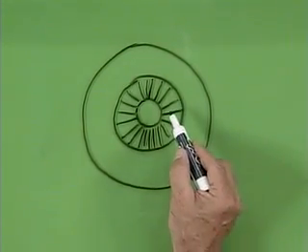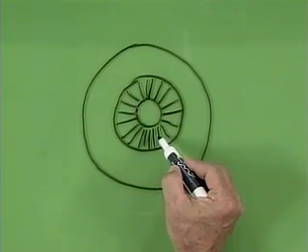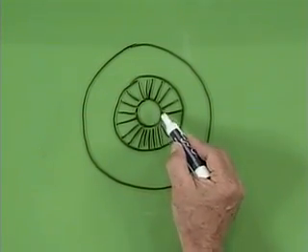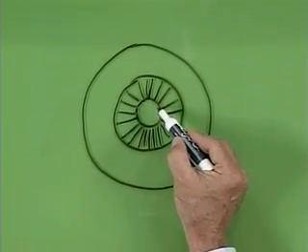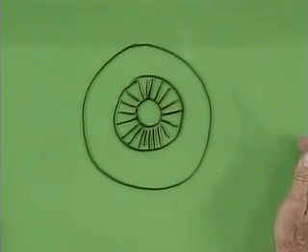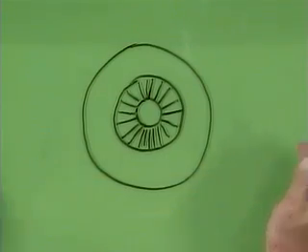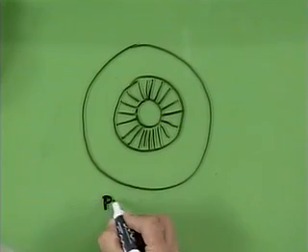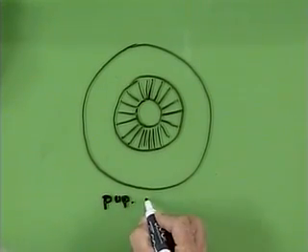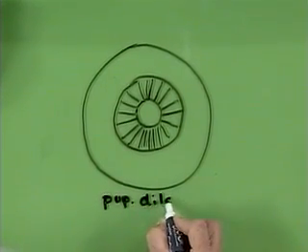And I hope that you can understand that if these muscle fascicles contract, they will pull the pupillary margin out toward the base of the iris, which is going to make the pupillary opening larger in diameter. Let me write that down. Pupillary dilator muscles. I'm going to write PUP, period, dilator muscle.